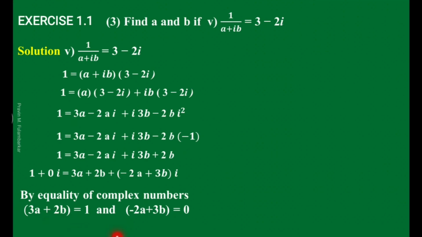Now these are simultaneous equations, so you can solve by using Cramer's rule or by eliminating the letter a or b or by substituting the value of a in terms of b. So we write this as equation 1 and this as equation number second.